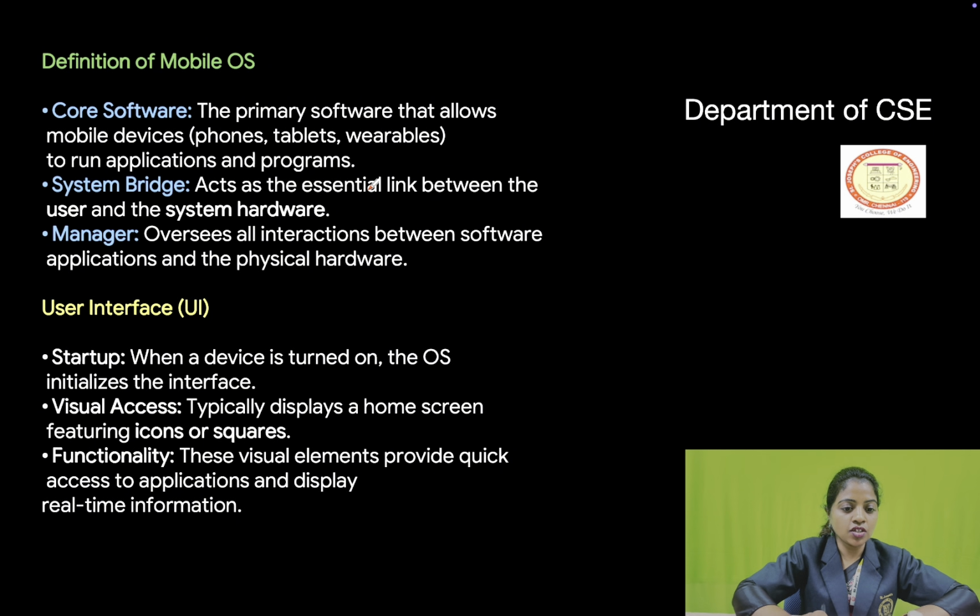It acts as a system bridge, an essential link between the user and the hardware. It also acts as a manager, handling all interaction between the software applications and the physical hardware.